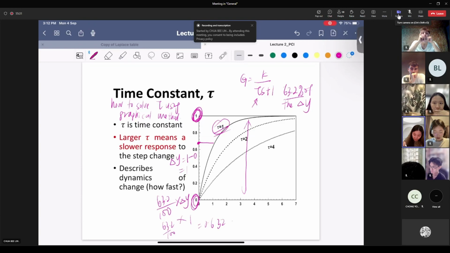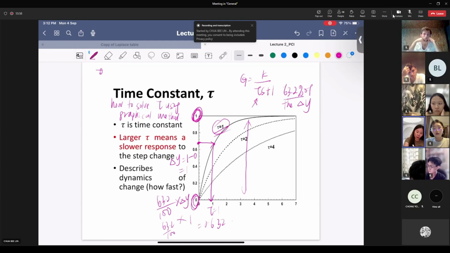So you go to this point, let's say tau equals 1. How do you get tau equals 1? You go down and you will get the answer, tau equals 1. For example, what is tau? When you have a bigger tau, you will need more time to achieve steady state. If you have a smaller tau, the process is super fast.